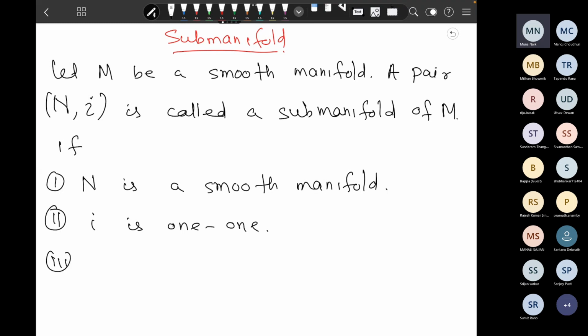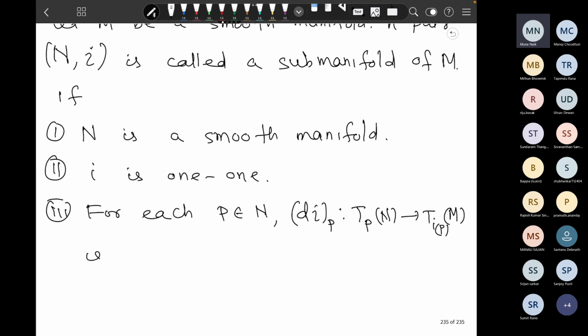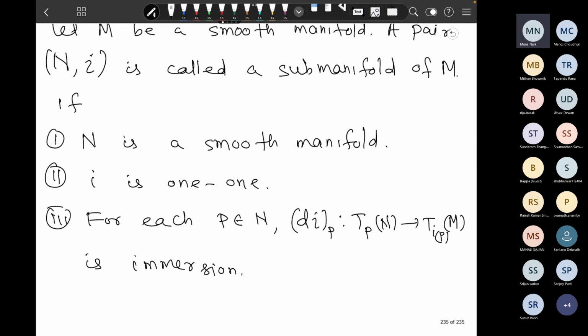The third condition is, for each P belonging to N, dI_P is a map from T_P N to T_{I(P)} M. This is really an immersion. Is I the inclusion map? No, I is not an inclusion map. I is any map which is 1-1.